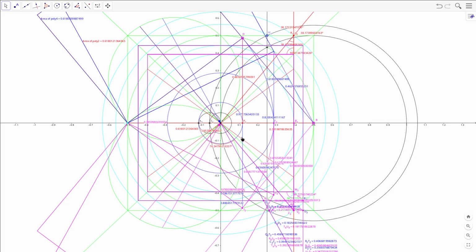Which is what this line is, this blue line here is. It cuts the diameter into proportions of 1. Okay, so this will be 1 and this will be 5. The proportions of 1 to 5.